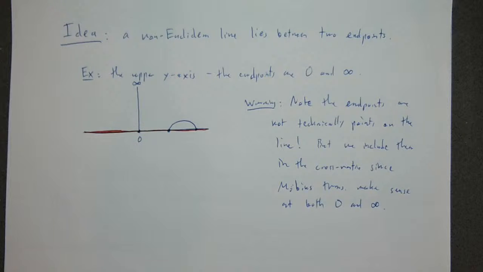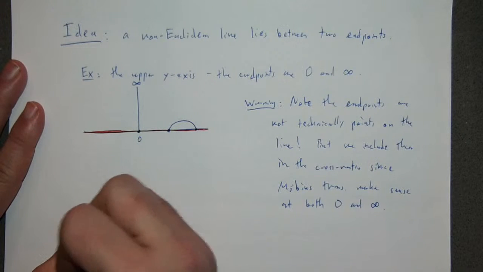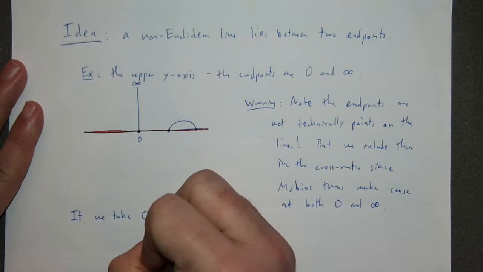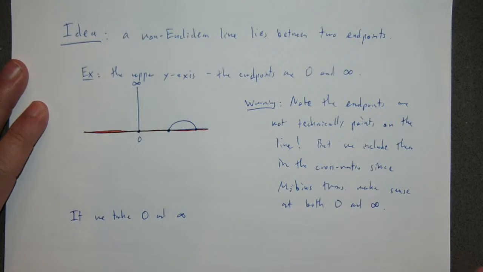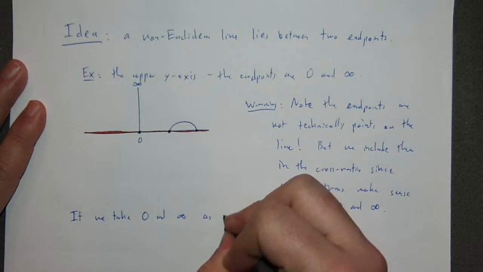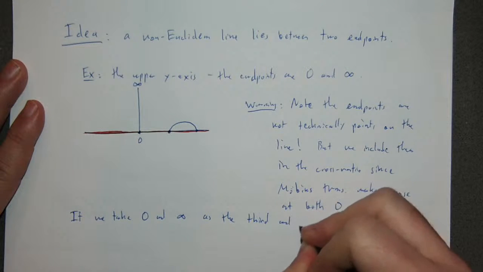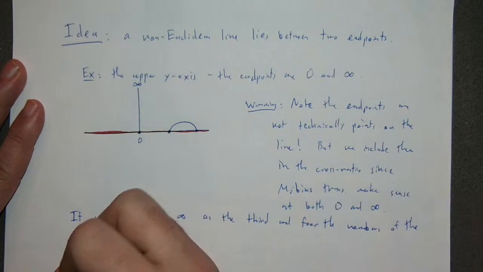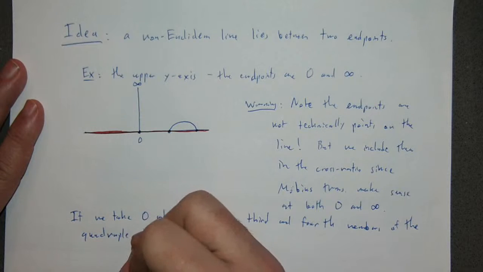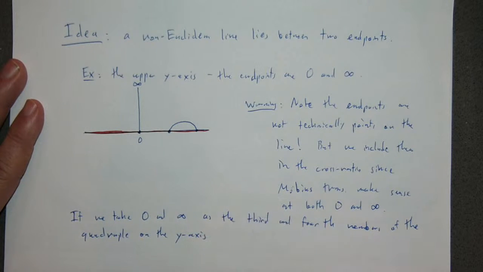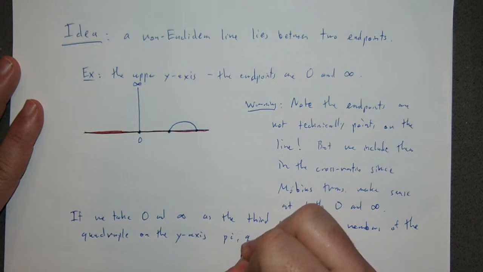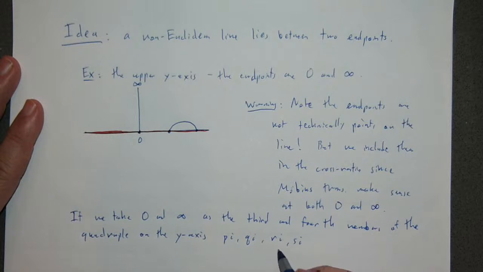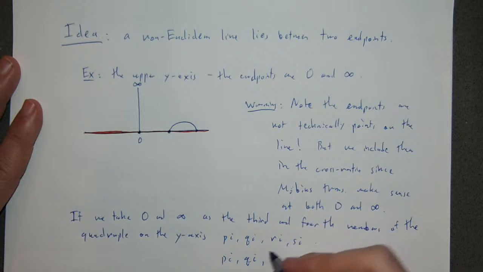And so, if we take 0 and infinity as the third and fourth members of the quadruple on the y-axis that we dealt with before, which is Pi, Qi, Ri, Si, we replace these with Pi, Qi, Ri is going to be 0, and Si is going to be infinity.